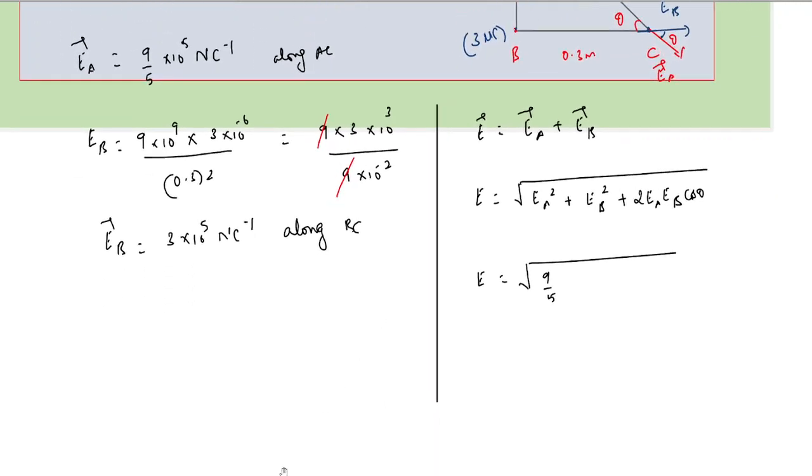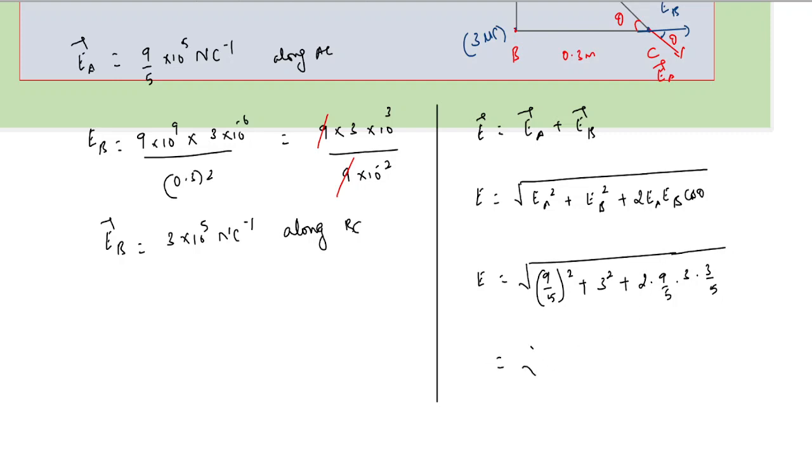So it is (9 by 5) the whole square plus 3 squared plus 2 into 9 by 5 into 3 into cos theta, which was 3 by 5.